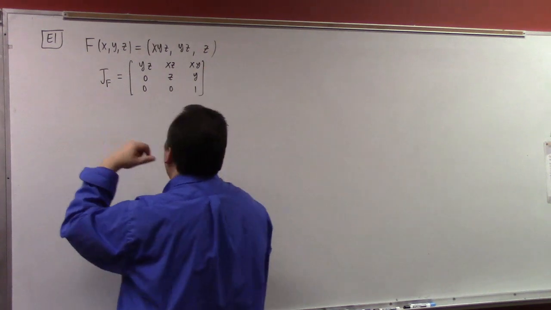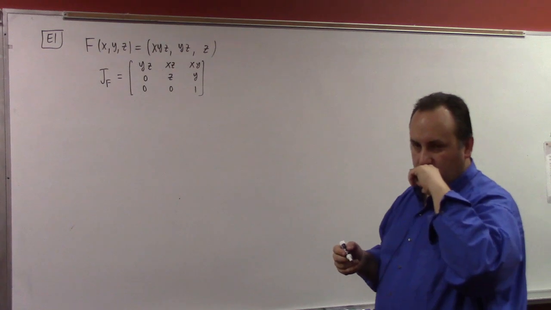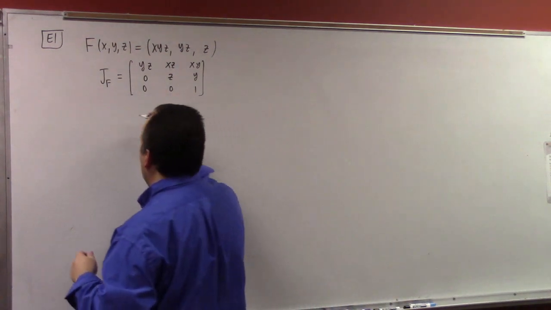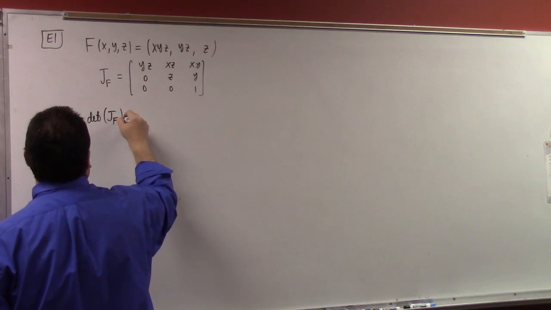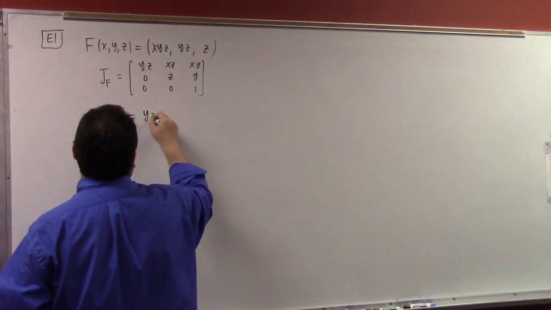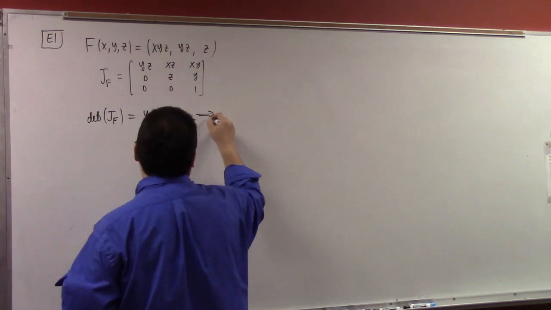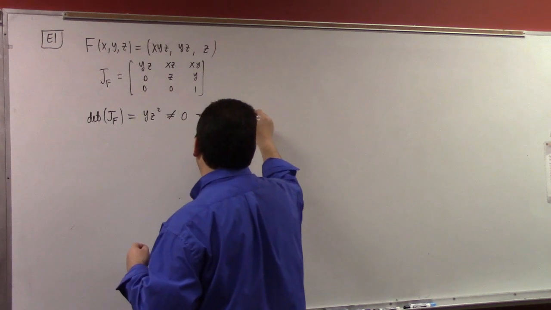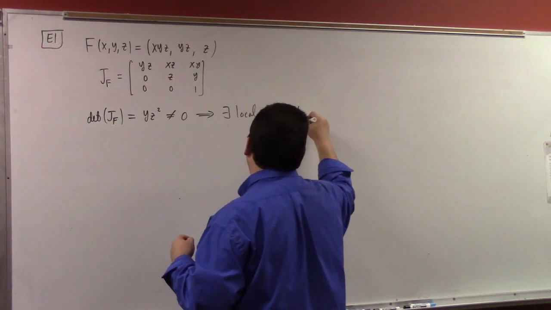All right. So when is this Jacobian invertible? Simple enough, we calculate the determinant. And in this one, yz squared is the determinant. So if this is not equal to 0, then that implies that there exists a local inverse by the inverse function theorem.